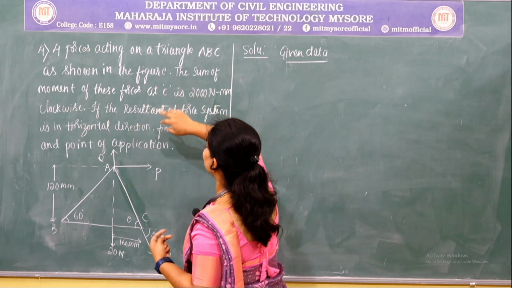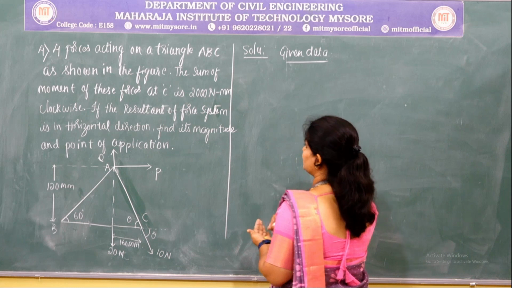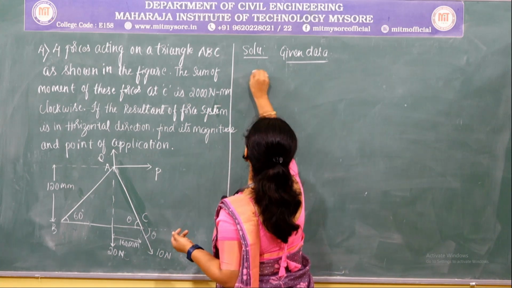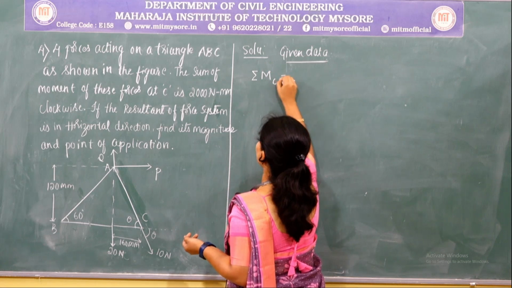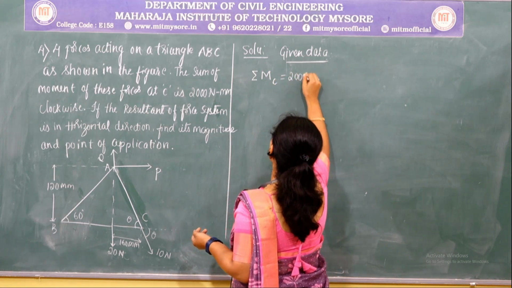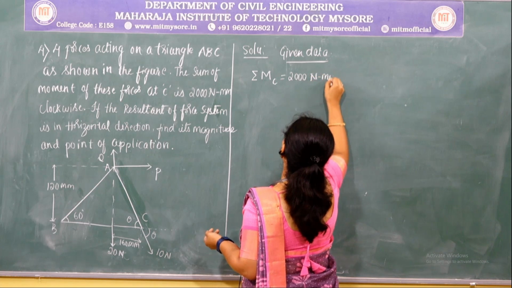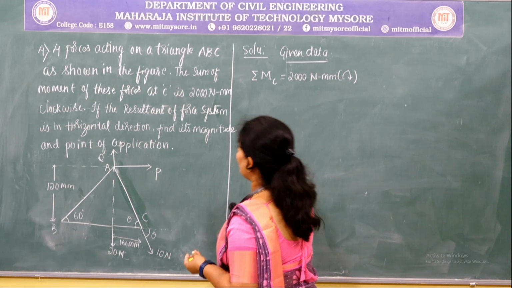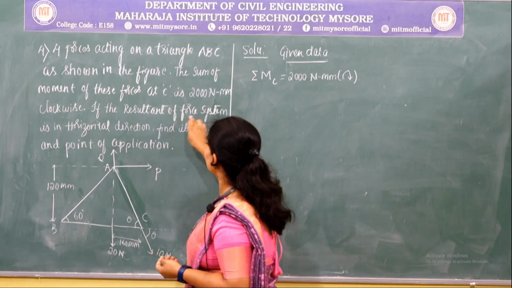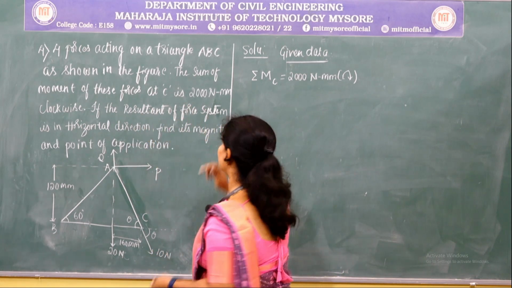The sum of moment of these forces about point C is 2000 Newton mm clockwise, that is positive, and the resultant of this force system is in horizontal direction.